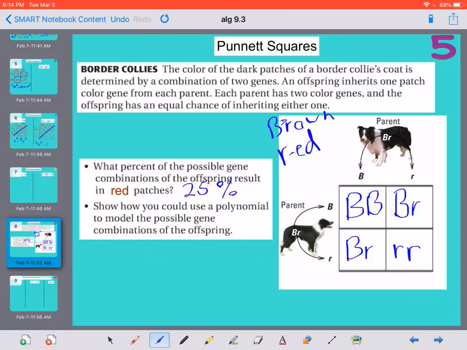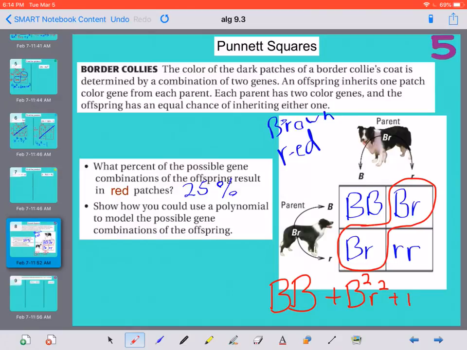So if we show how we can use a polynomial to model the possible gene combinations, a polynomial that we could have is two big B's, B squared, plus the B and R, both of them have 2 of them, plus little r squared.